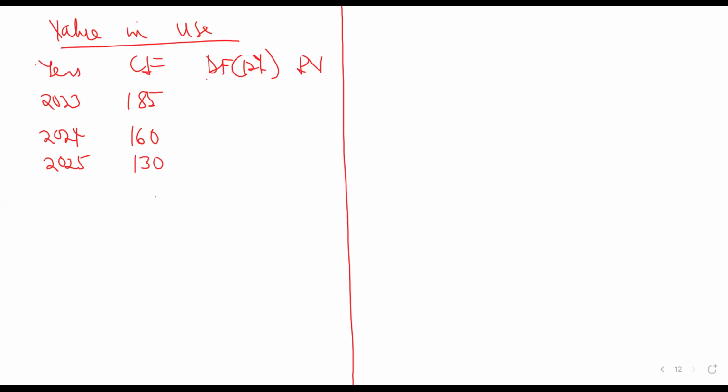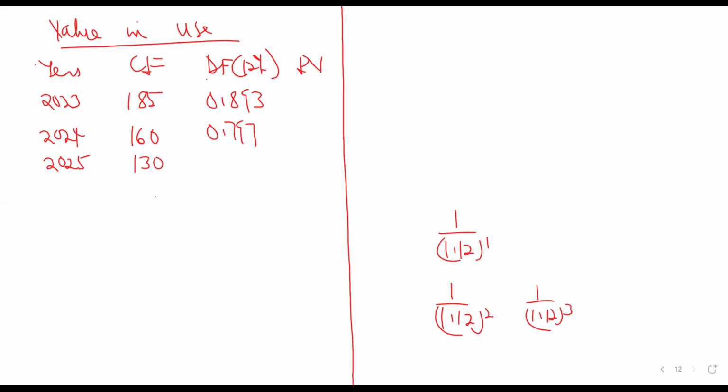The first year is 1 over 1.12 exponent 1, which is 0.893. 2024 will be 1 over 1.12 squared, which is 0.797. 2025 will be 3 years from now, 1 over 1.12 cubed, which is 0.712.